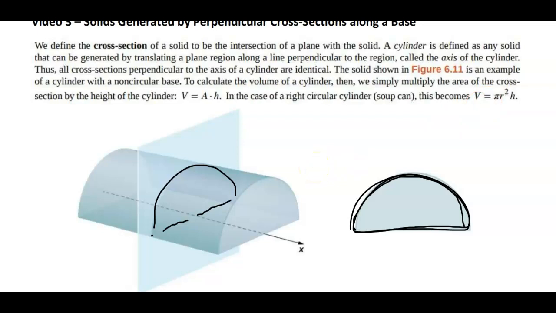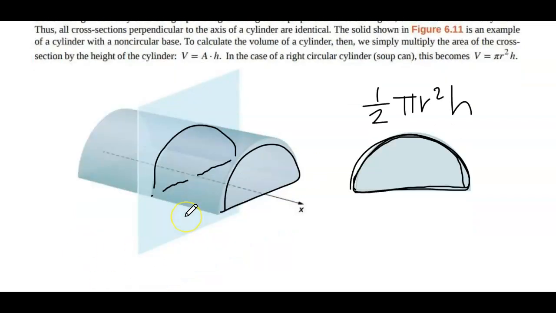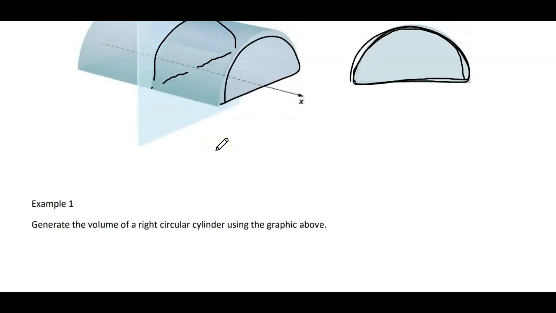Or in this half cylinder, half of that would be 1/2 pi r squared h. And so I want to show you how to use integration in order to generate that volume. So I'm going to pull that picture back up for us.